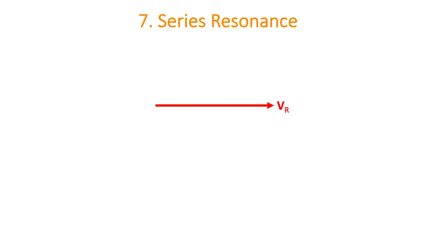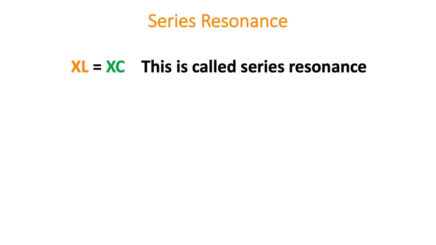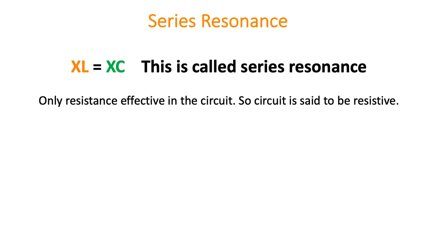So what about series resonance? Students again seem to struggle with series resonance. This is the phasor diagram for series resonance. Nothing more, that's it. This is because the XL and the XC are the same and they have effectively cancelled each other out, and it's called series resonance.